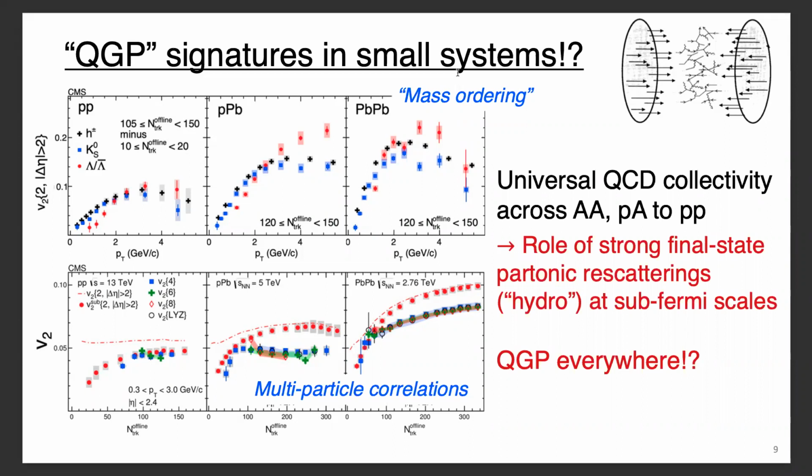So basically, you've seen this universal QCD collectivity across all the systems, and there are a lot more measurements. But I think it's pretty clear that the role of this strong final state partonic rescattering, all the way down to the sub-Fermi scale, is clearly seen. And now, do you call it hydro or not? So I put it in parentheses.